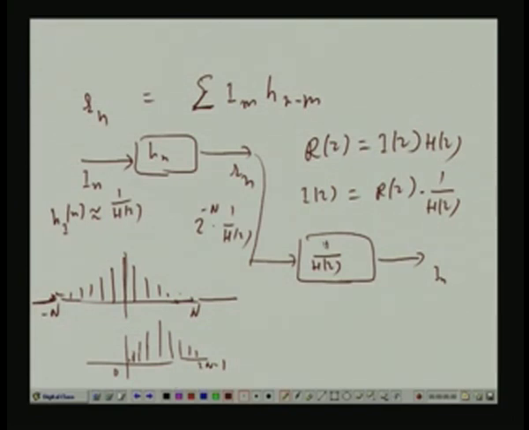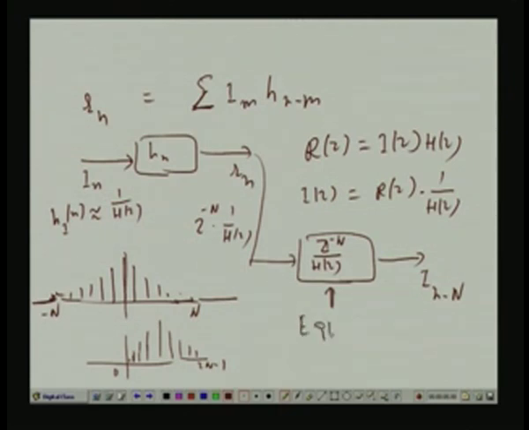So, I will construct a filter z to the power minus N by H(z), and what I get here is not I_n, but, because z to the power minus N you can club with R(z), r_n is actually getting delayed by N cycles and passed through 1 by H(z). So, what we will get here is not I_n, but I_{n minus N}.